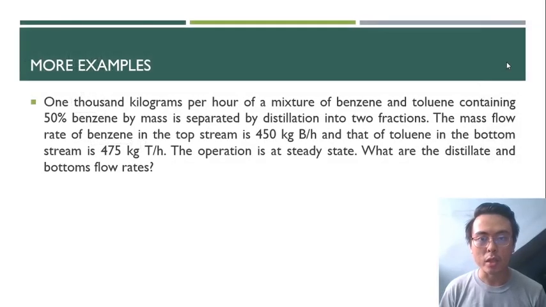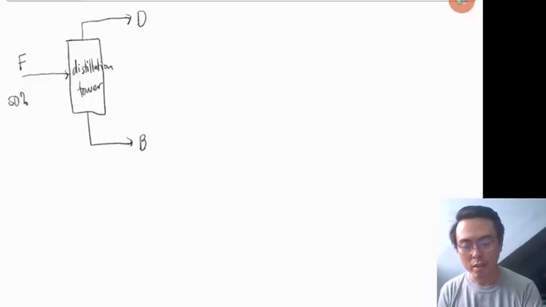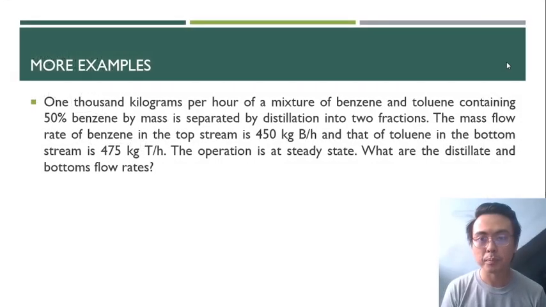Okay, that's not percent by mole, it's 50% benzene by mass. So you have 50% by weight benzene, let's represent benzene by Bz, and 50% by weight toluene. And the flow rate of the feed is 1,000 kilograms per hour.